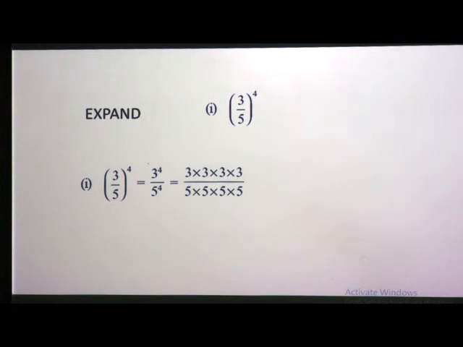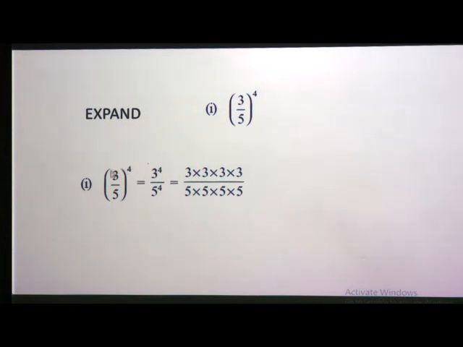Now, we will see the expanded form, for which we already saw some examples. Here is given 3 upon 5 to the power 4. Now, we have to write it in expanded form.